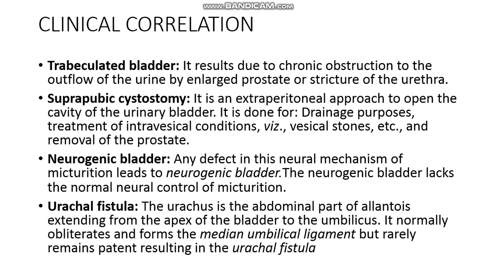It results due to chronic obstruction to the outflow of urine by an enlarged prostate or stricture of the urethra. Due to the enlargement of the prostate or any stricture in the urethra, the outflow of urine gets obstructed. That is trabeculated bladder.